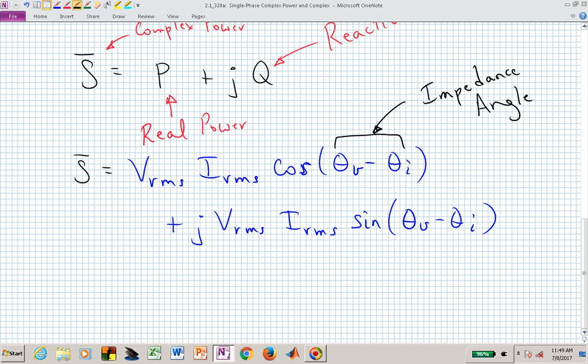Another way that we can look at this, though, is by invoking Euler.